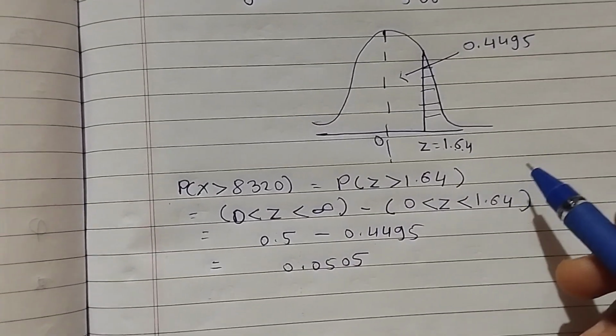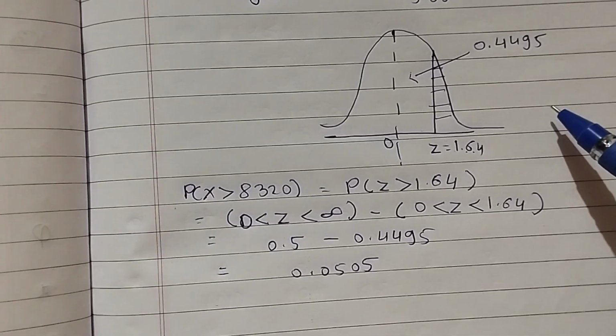In this way we find the probability of the normal distribution.